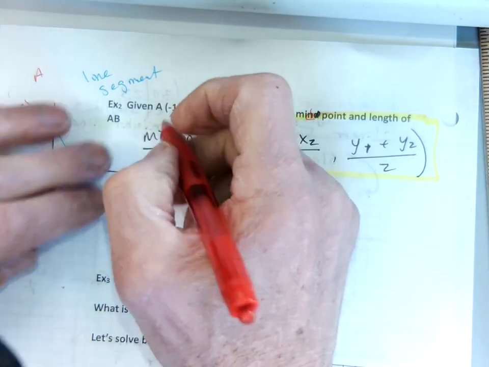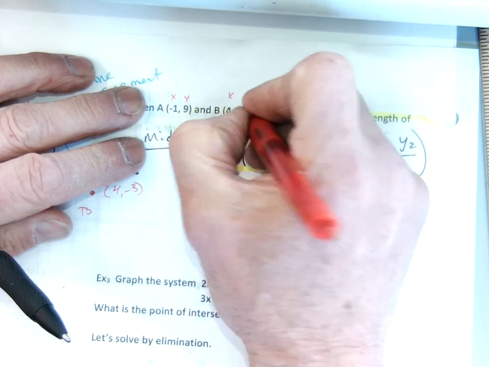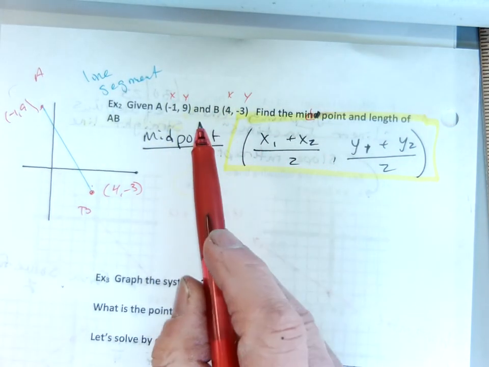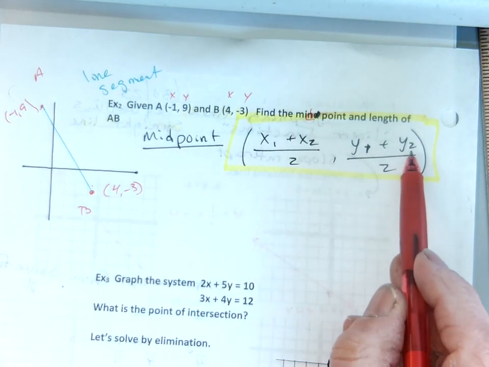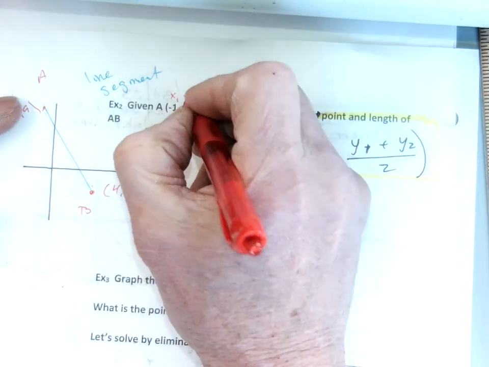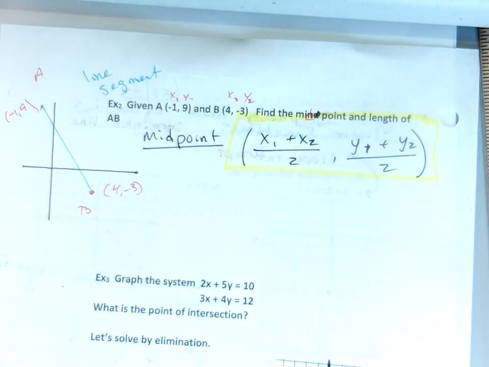Every point has an x and a y value, right? The formula has x1, x2, so first point, second point, and y1, y2, first point, second point. So I like to call this x1, y1, x2, y2, okay? And I'm just going to put the numbers into the midpoint formula.